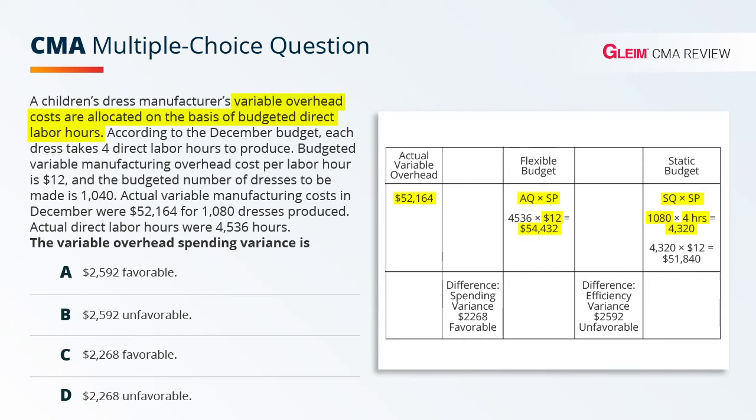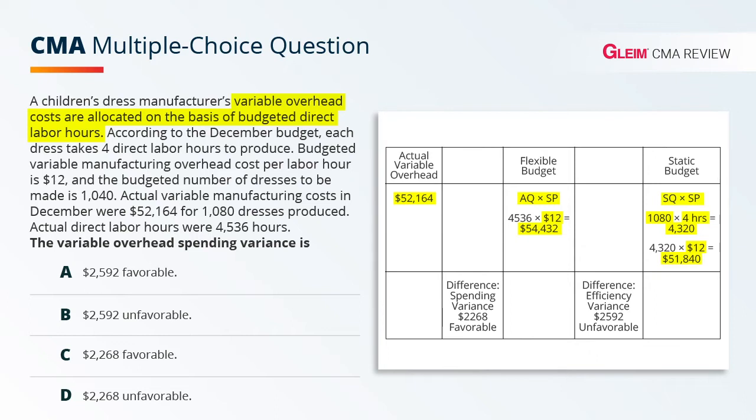That's SQ, 4,320. We multiply that by our standard of $12 per hour. Our static budget on the right is $51,840.